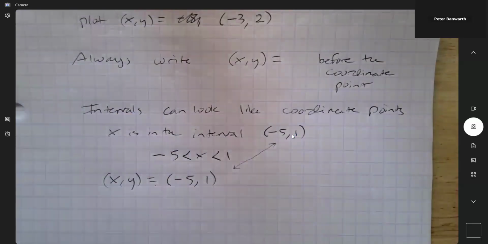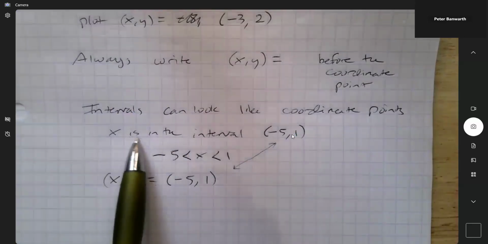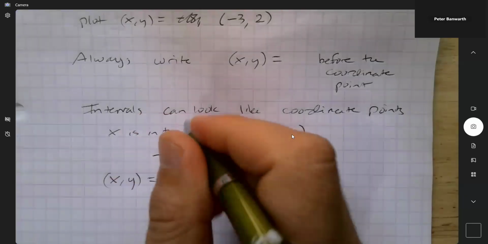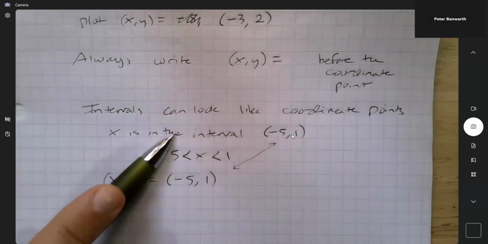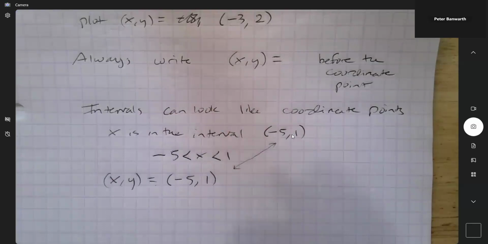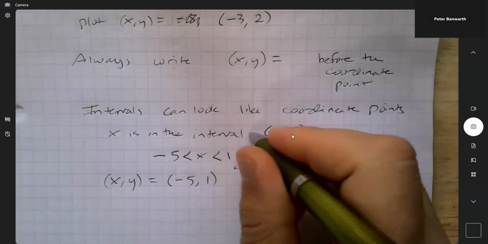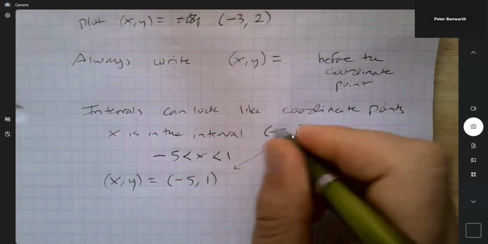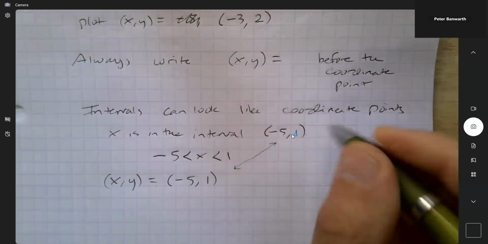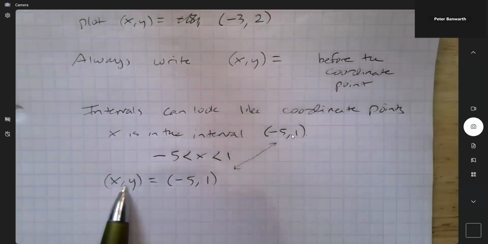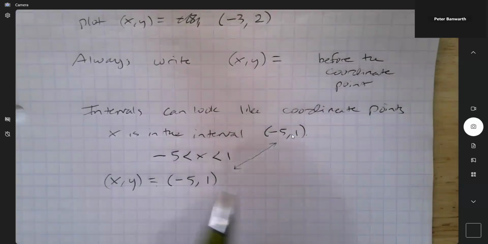Wait, am I talking about an interval on the x-axis or am I talking about a particular point on the graph? So please write x is in the interval, or at least interval, something that clues you that this is a range of numbers all having to do with x. And please always write x, y equals -5, 1.